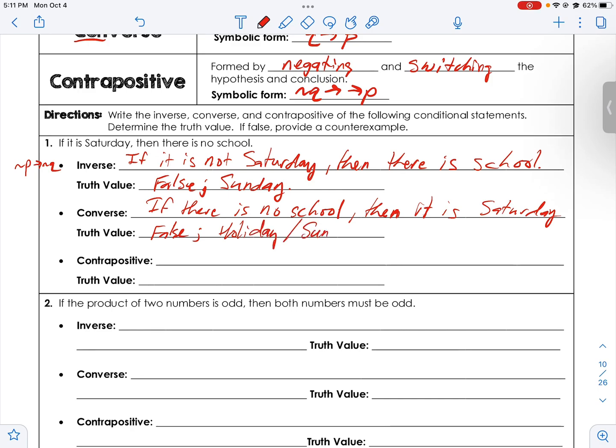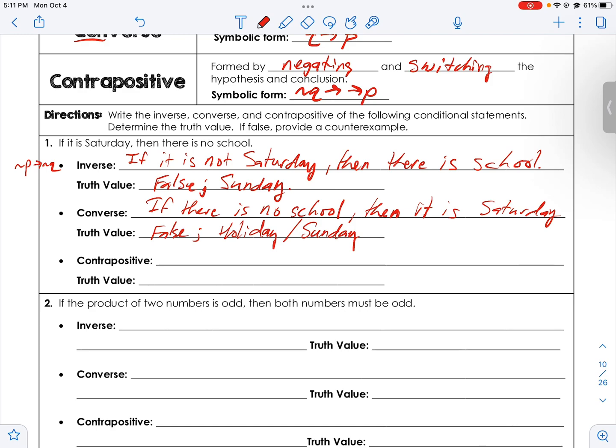Or you could use the same excuse. Sunday tells me that it doesn't have to be Saturday just because there's no school. Maybe it's because it's Sunday. Maybe it's because it's Thanksgiving. Maybe it's because it's fall break. Maybe it's because it's spring break. Or any of the other days that you don't have to go to school.